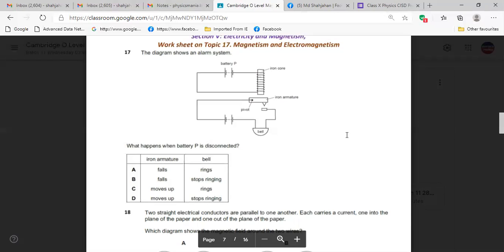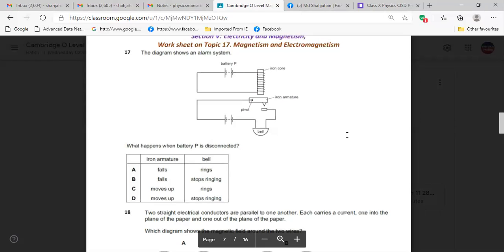So, if P is switched on, then we have the iron core magnetized, then the iron armature is attracted to the iron core, right? And our bell is not ringing at that time, isn't it? The bell circuit is disconnected if the iron armature is connected to the iron core, right?